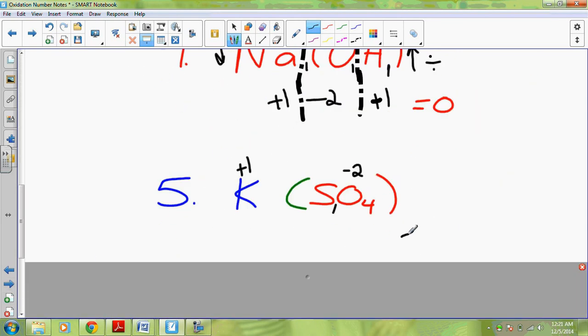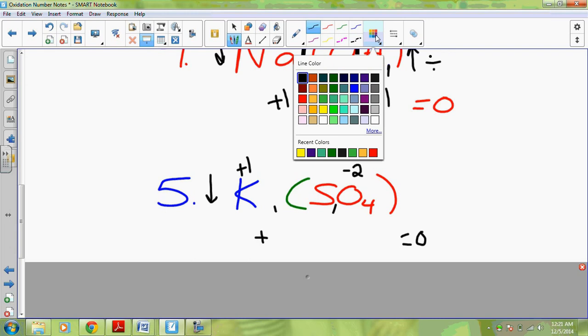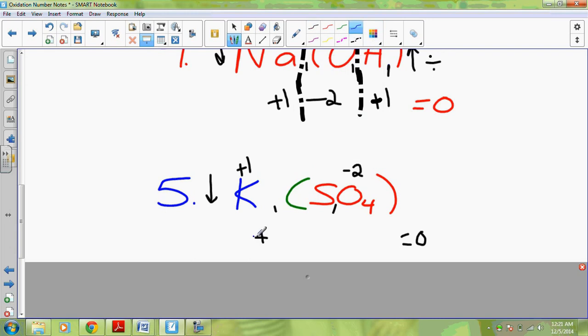Alright, so let's do this. We gotta set this to 0 on the bottom again. We're doing some multiplication to go down, so +1 times 1 is +1. Oxygen is -2 times 4. So we're going down, we multiply.